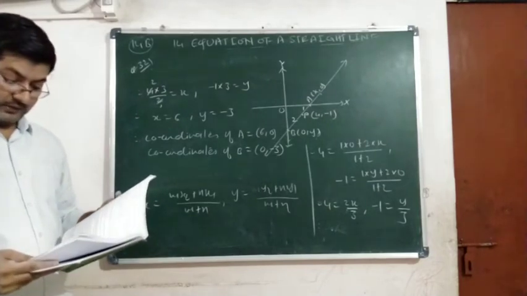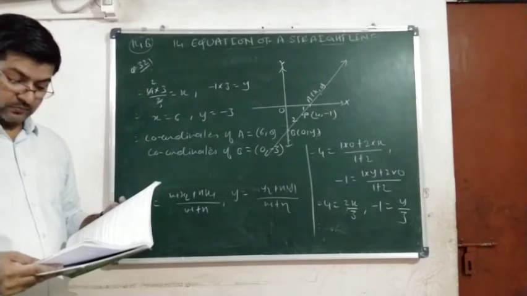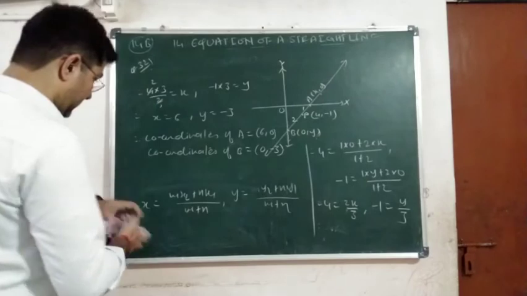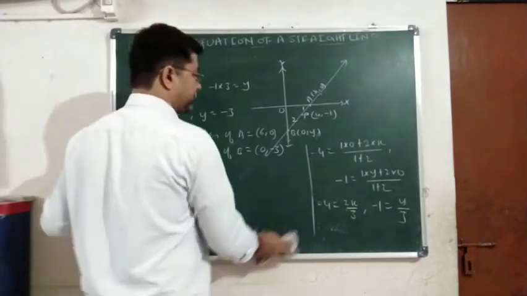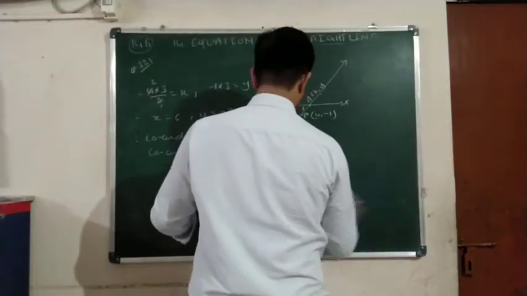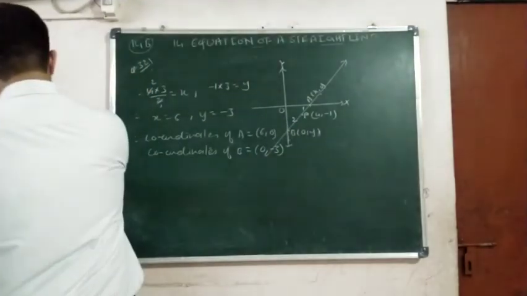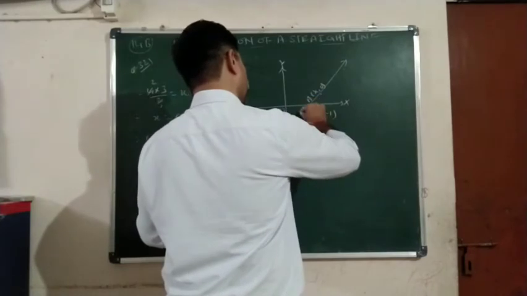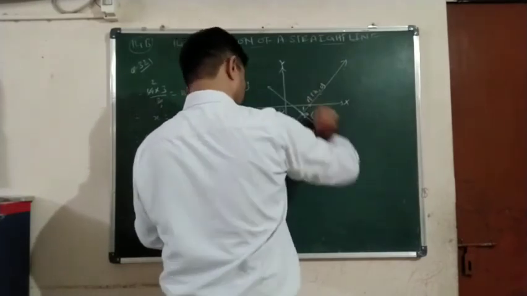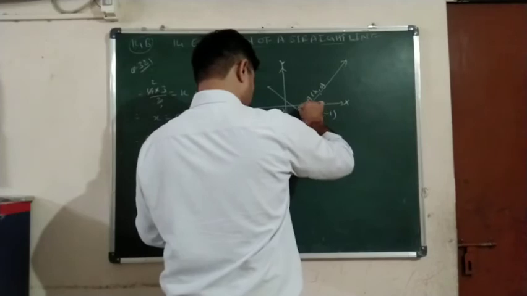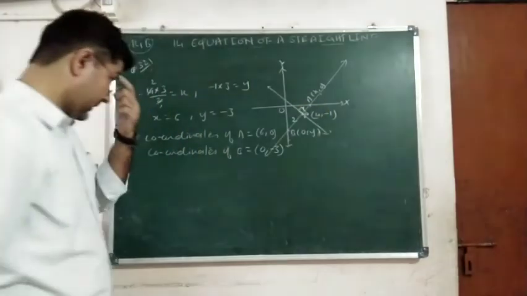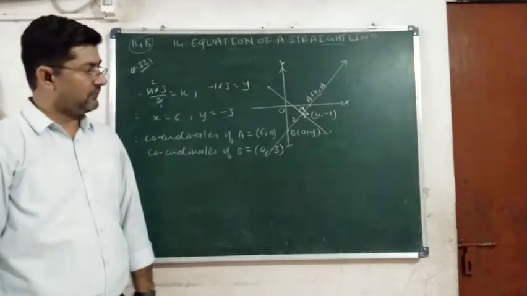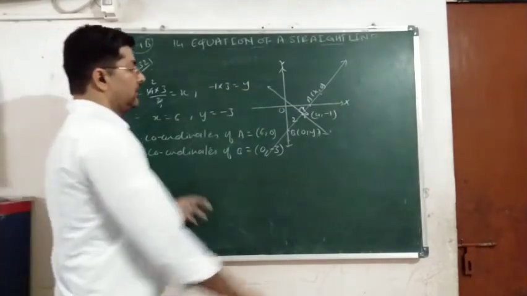Now the second one: find the equation of the line passing through P and perpendicular to AB. For this, you will first find out the slope of AB and then we will take the negative reciprocal.